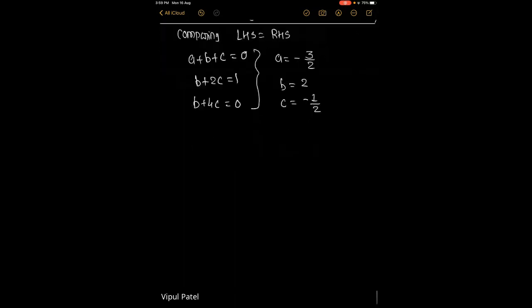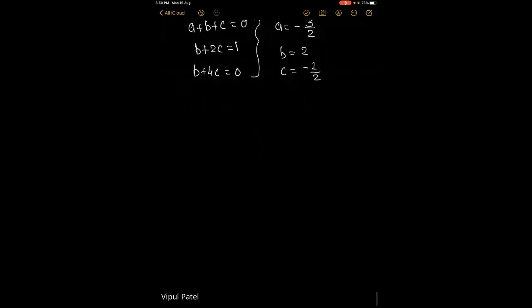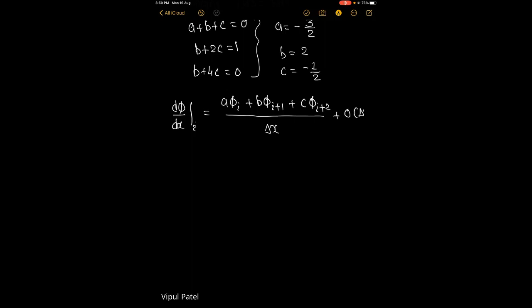If you rewrite that expression, then this is something which we wrote: d phi by dx at any node I was a phi I plus b phi I plus 1 plus c phi I plus 2 divided by delta x, which has the order of accuracy of delta x square.